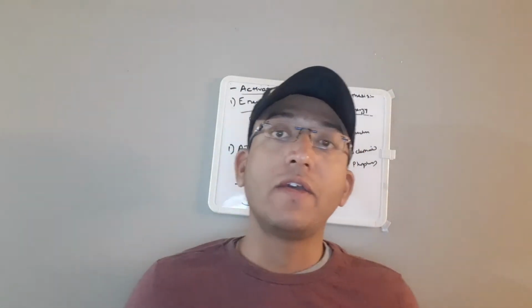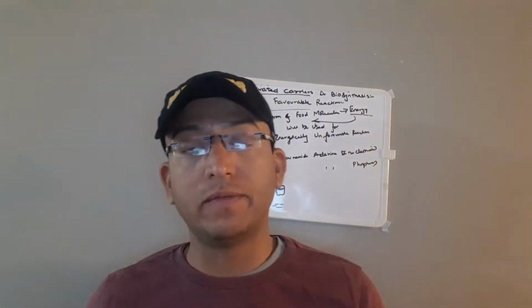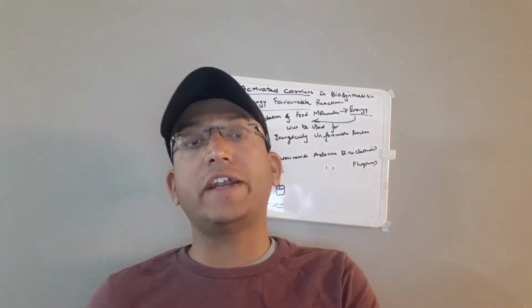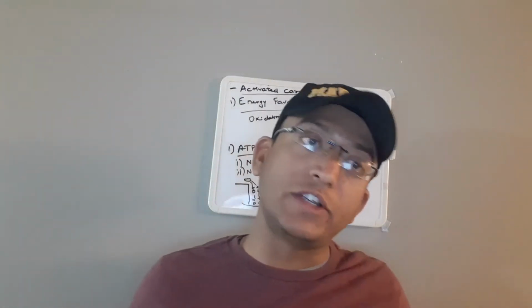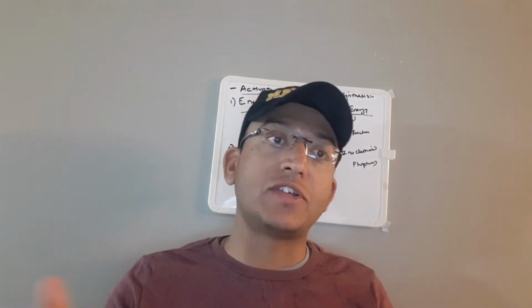The same analogous process occurs in the cell, where instead of this paddle, enzymes play the role of the paddle. The enzyme couples an energetically favorable reaction, such as oxidation of foodstuff, to an energetically unfavorable reaction, such as generation of an activated carrier.